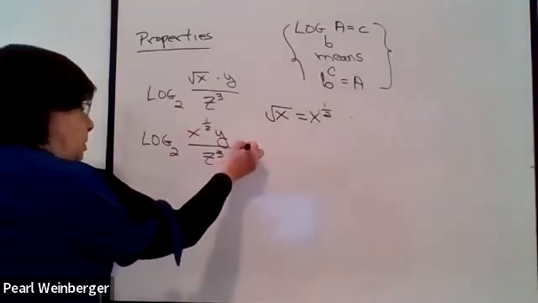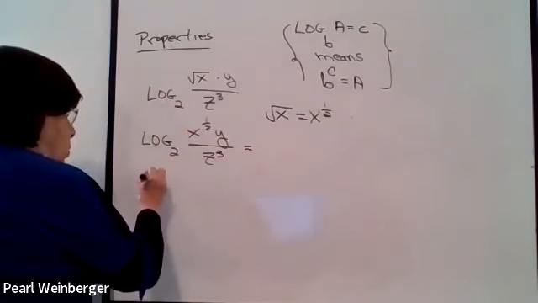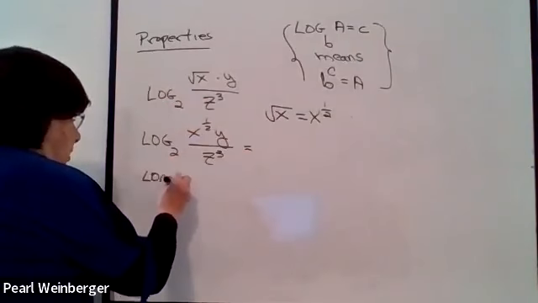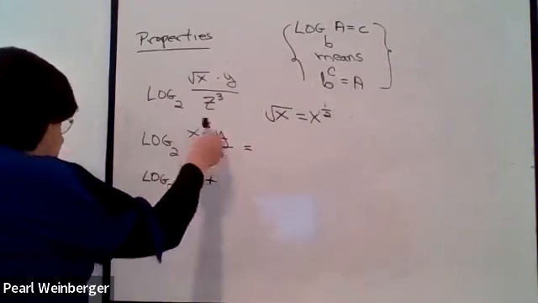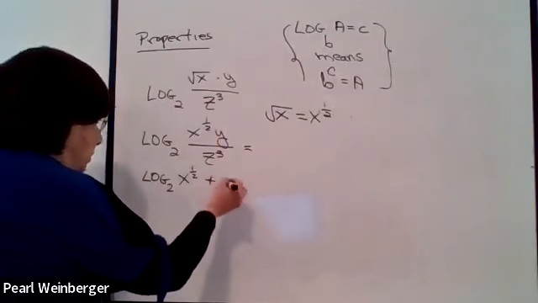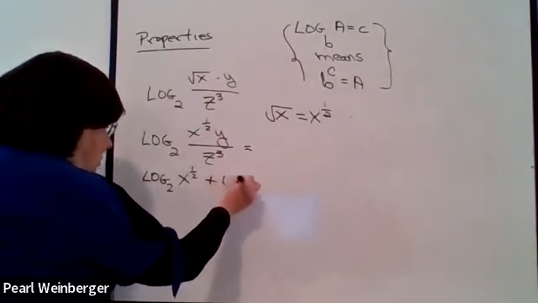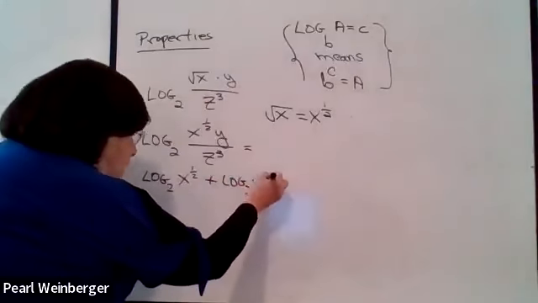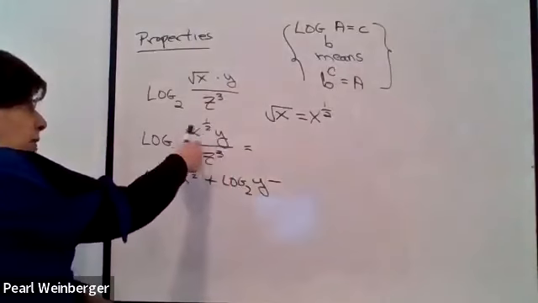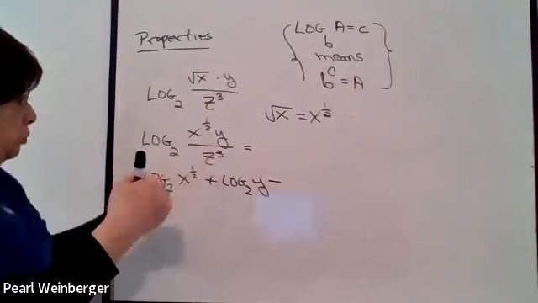So I could write this as log base 2 of x to the 1/2, plus, because I'm multiplying, log base 2 of y, minus, because I'm dividing, and when I divide, I subtract.